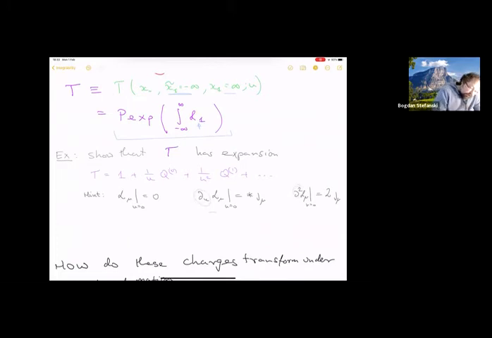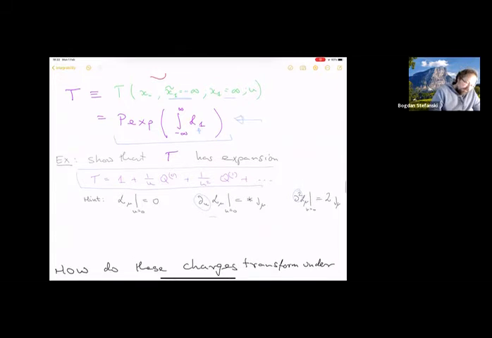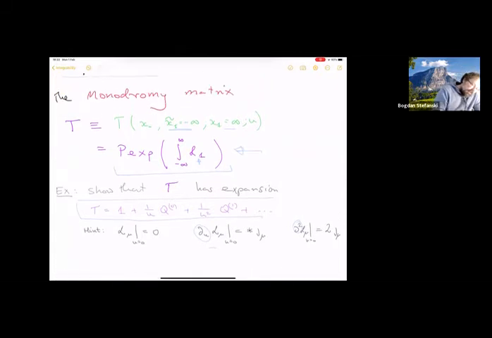And you can show that this monodromy matrix has precisely the expansion that we wanted. So bottom line is, this encodes all of the charges in terms of some auxiliary connection L1, or L mu more generally, auxiliary Lax connection.